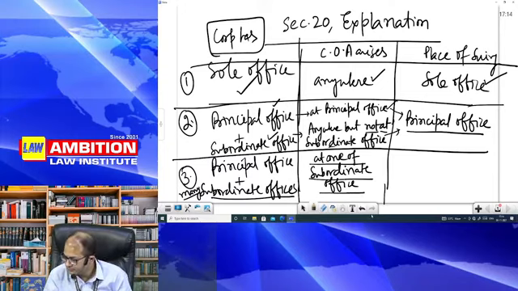There are cases to that effect. There is a case, Hakam Singh versus Gammon India Limited. I have written it in your notes also.